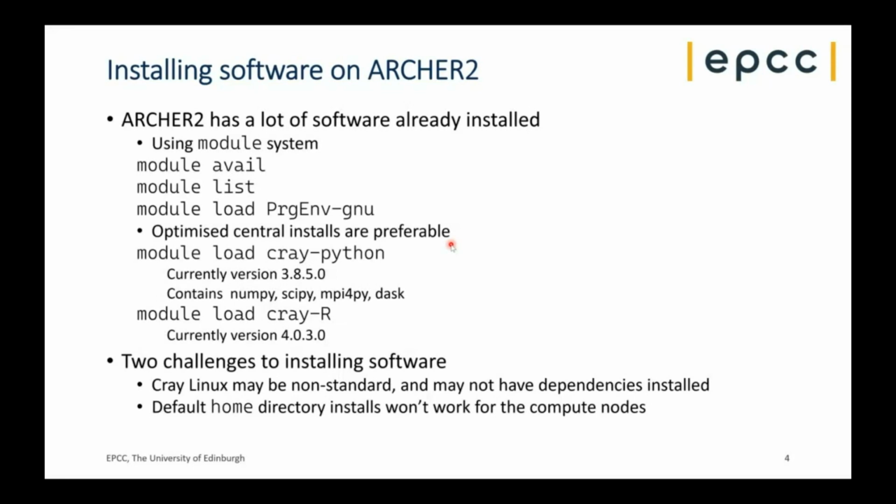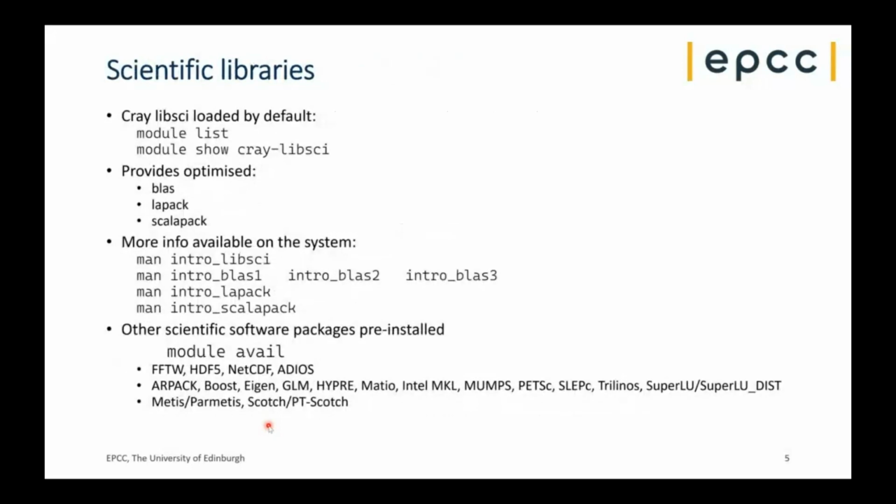So you have to take what's already installed and build on top of that. So it may not have the dependencies for your software installed. The other challenge is the default home directory: if you build code in /home, your workspace file storage that you log into, that's not available on the compute nodes. So we need to make sure that we install any software we need to use on the work file system so that we're able to access it from the compute nodes if that's where we're running.